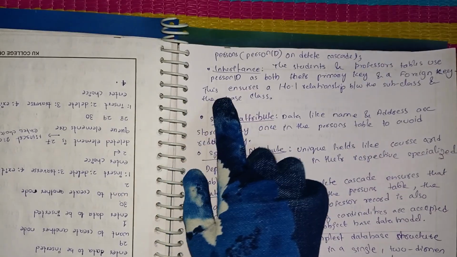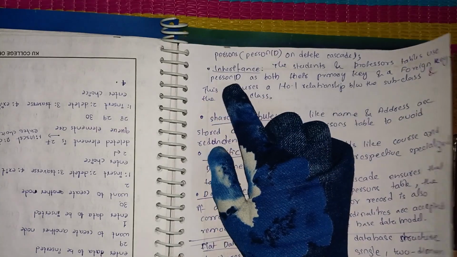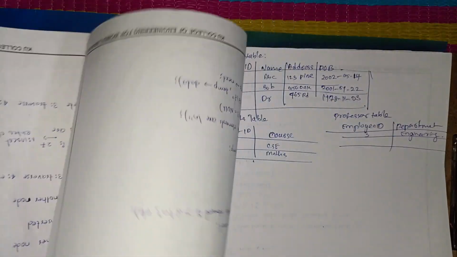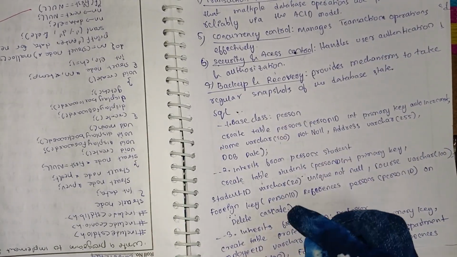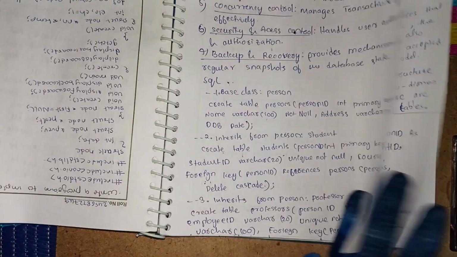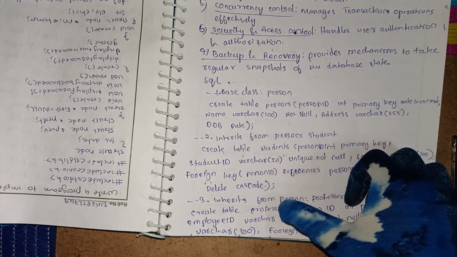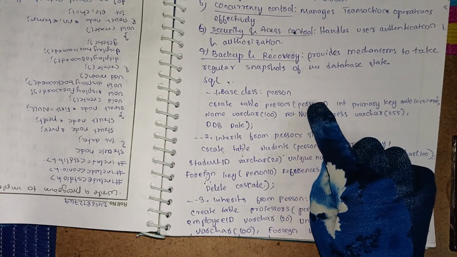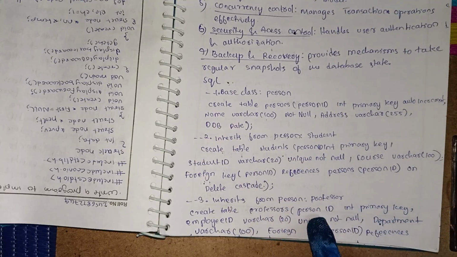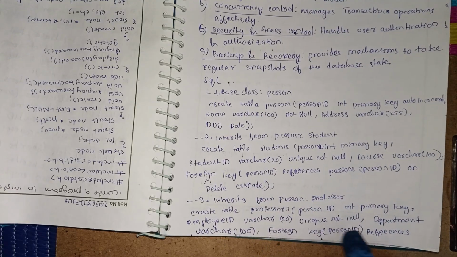So here in this code, inheritance is there. The student and professor tables use person ID as both their primary key and a foreign key. The student table and the professor table store the person ID of the person table as their primary key, and as their foreign key.